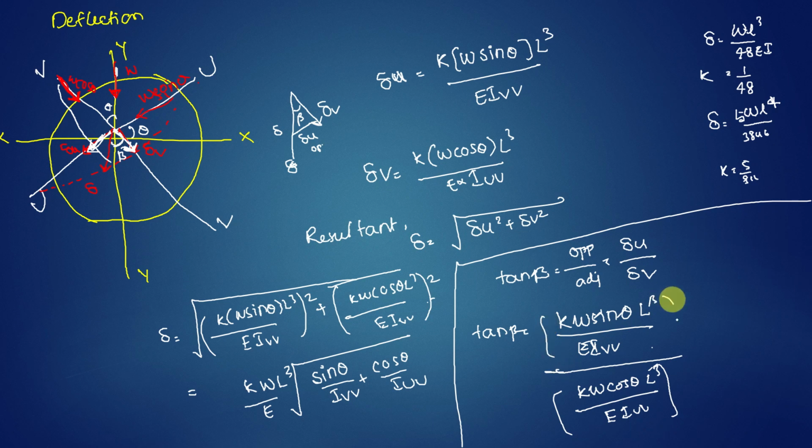So you can cancel L cube, L cube, kw, E, E, and what remains is, tan beta is equal to, let me write it here, sine theta by I_vv by cos theta by I_uu.